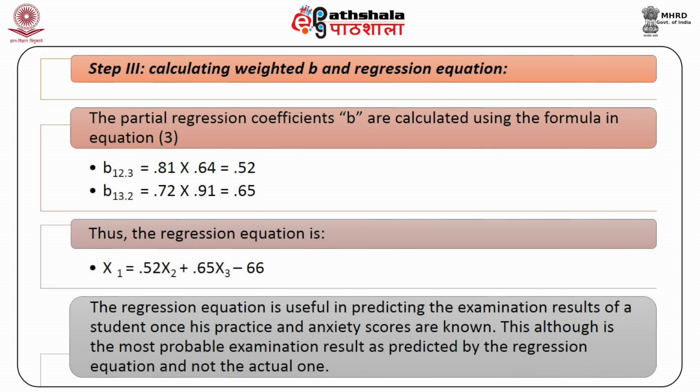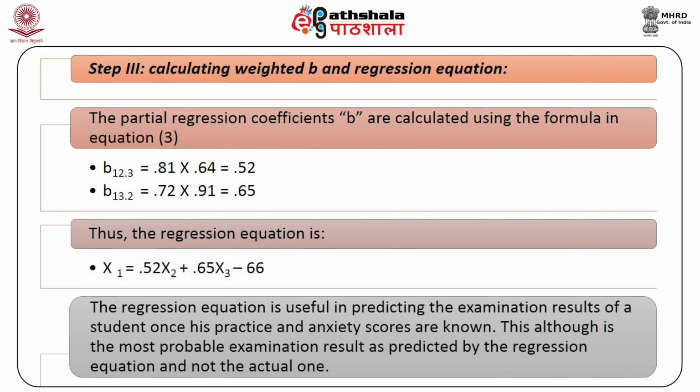B12.3 turns out to be 0.52 and B13.2 turns out to be 0.65. Thus, the regression equation is x predicted equals 0.52 x2 plus 0.65 x3 minus 66.